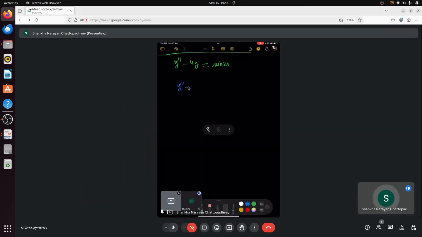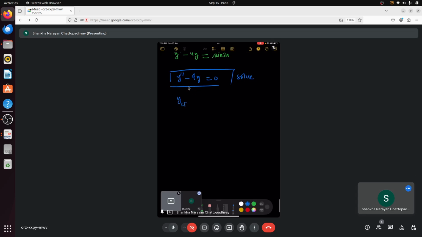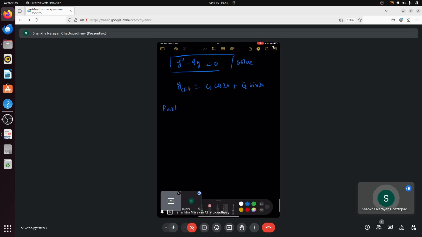So first you need to solve the complementary function. You solve this first, and this solution is very easy. YCF stands for the complementary function. So this is c1 cos 2x plus c2 sin 2x. Next you need to find the particular integral.